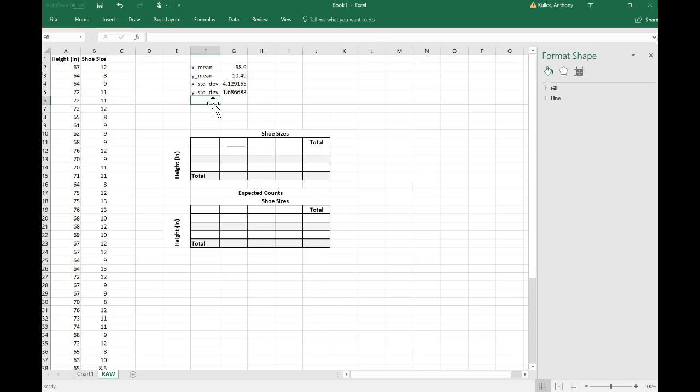So to do that, I need to actually have, in addition to my population standard deviation, I'm also going to need my sample standard deviations. Maybe I should be a little bit more specific and include a pop in there.